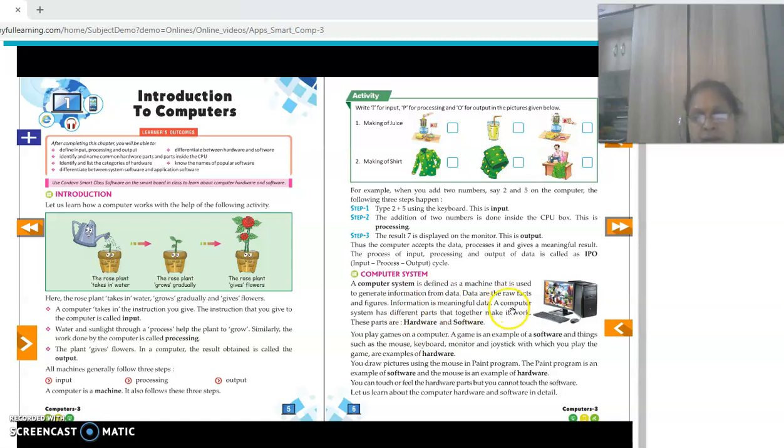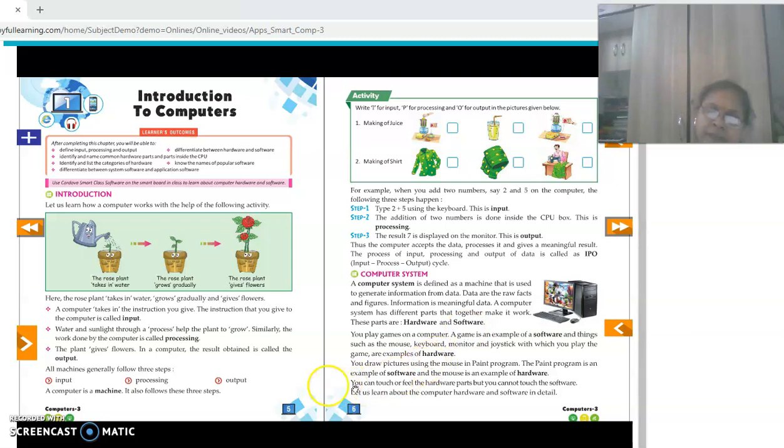So a computer system has different parts that together make it work: hardware and software. Without hardware, you cannot work, and without software, you cannot work. These are the combination of hardware and software.